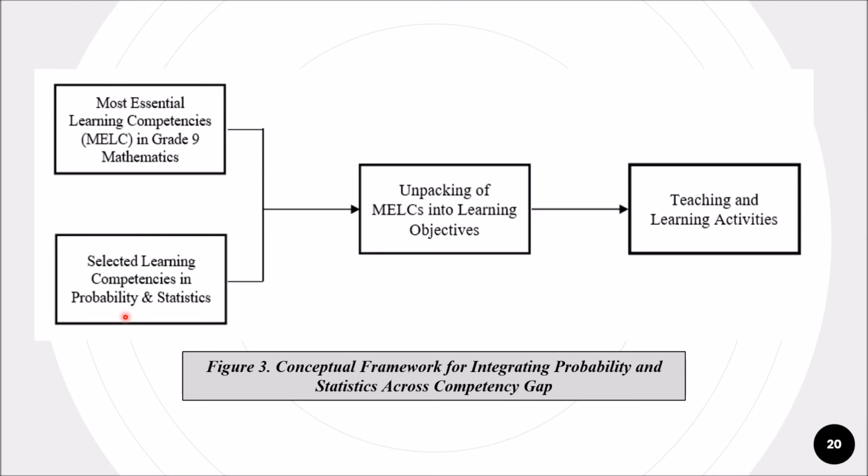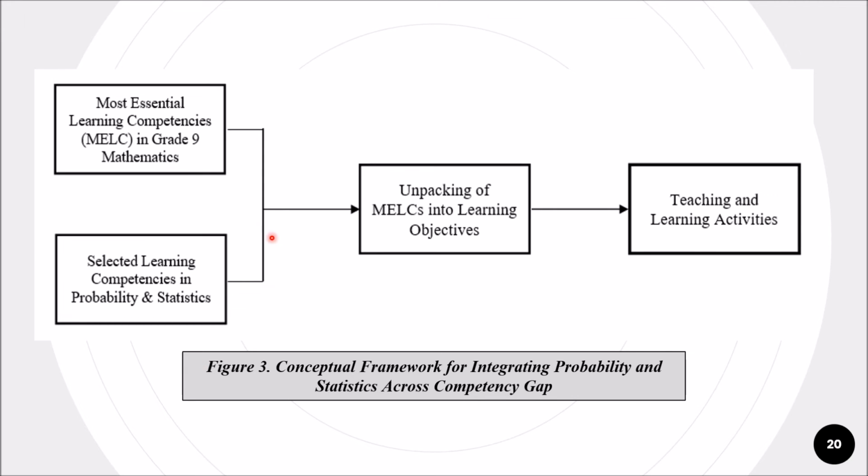This includes competencies from the previous grade levels in probability and statistics that can be integrated within the lesson in grade 9 mathematics. The integration of competencies can be in any of the content topics and K to 12 competencies, provided, however, that it provides bearing and connections to the actual math in grade 9 mathematics.